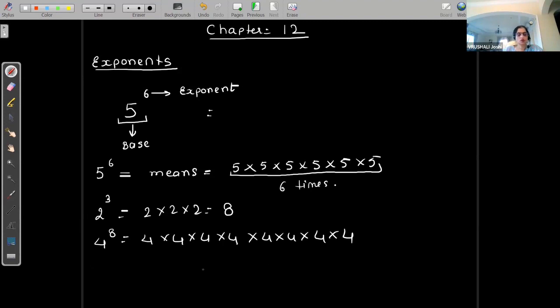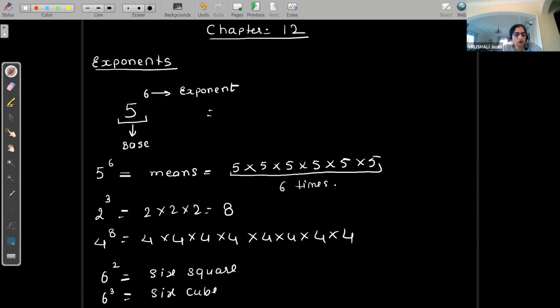Correct? So there are certain names. If anything is to the power 2, like 6 to the power 2, that is correct, but the commonly used word is 6 square or square of 6. Similarly, if anything is to the power 3, we say 6 cube.